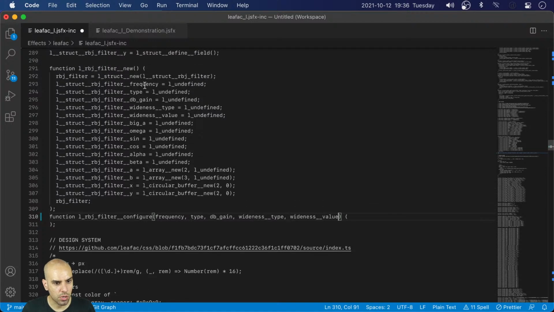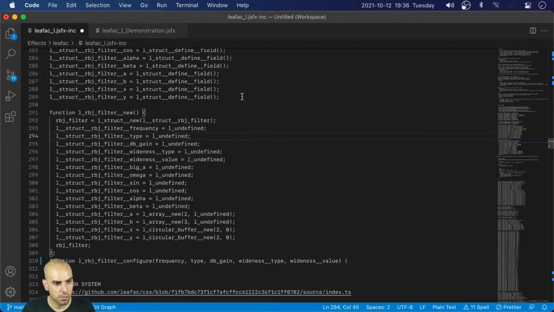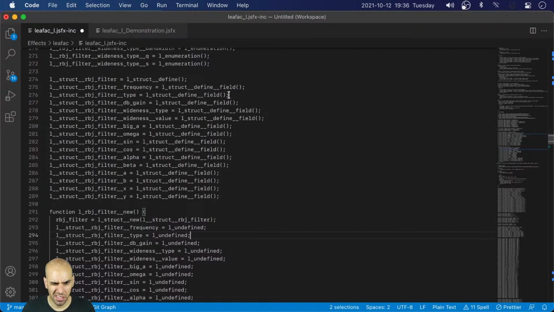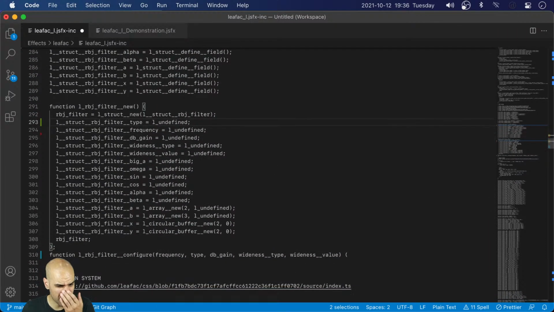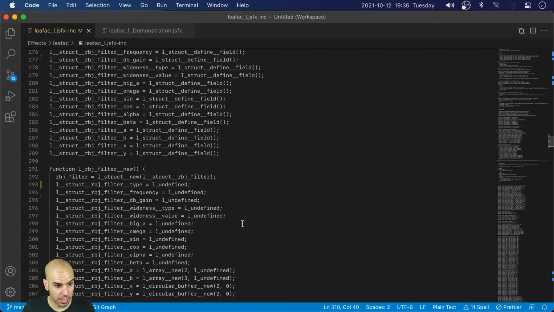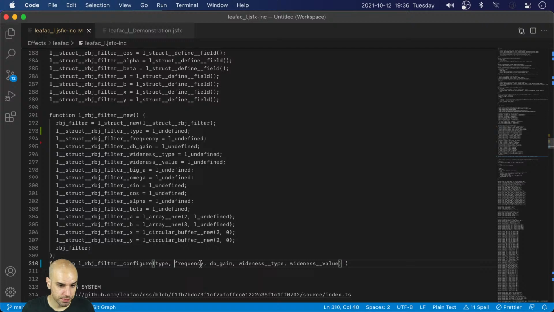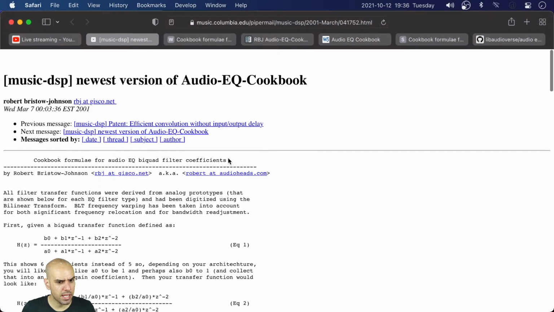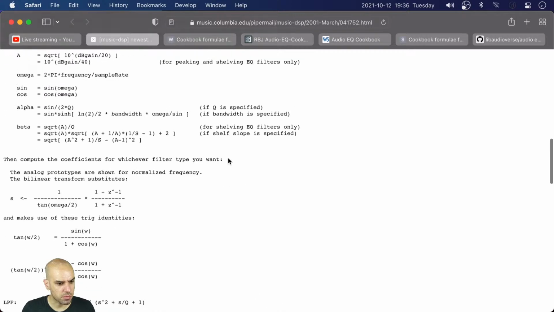Oh, I'm missing one. No, I'm not. But this order is weird, right? I think that the first thing I should say is what is the type of my filter. Then another important thing is what is the frequency. And then even the dB gain is only for a couple kinds of filters, right?